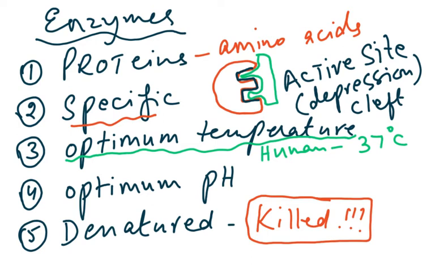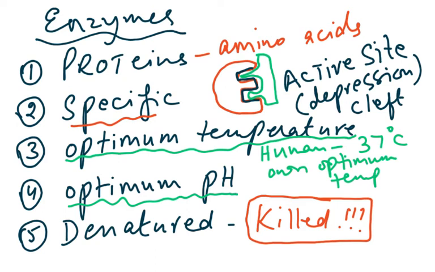So every enzyme has its own optimum temperature because every enzyme is from a different organism. We humans, our enzymes work best at 37. Then every enzyme has its own optimum pH, meaning optimum means that it works best at that temperature or pH.